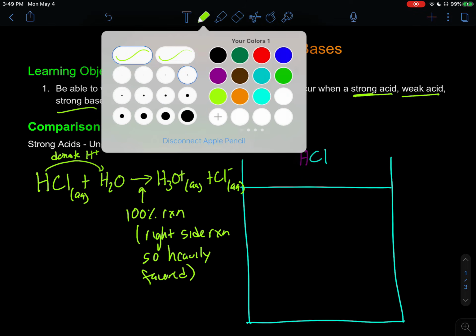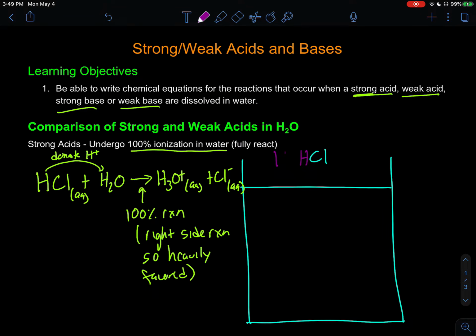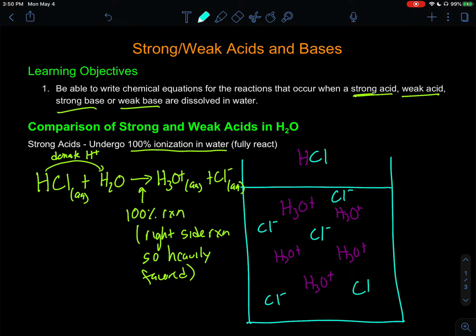If I were to add in, for example, 10 molecules of HCl, I'm going to get 1, 2, 3, 4, 5, let's just call it 5 molecules of HCl. All of those are going to react, and we're also going to get 5 ions of Cl- present in this solution as well.